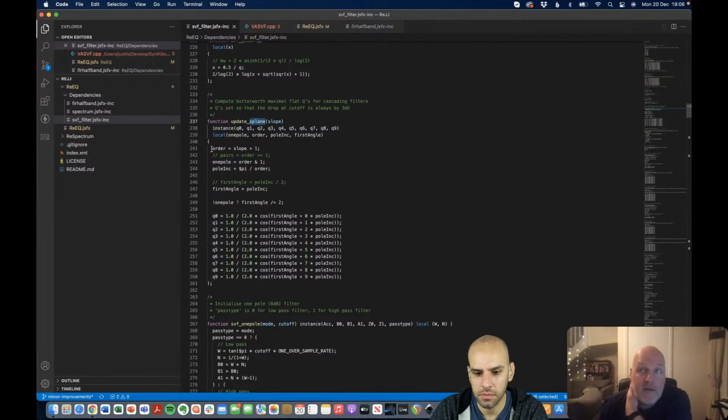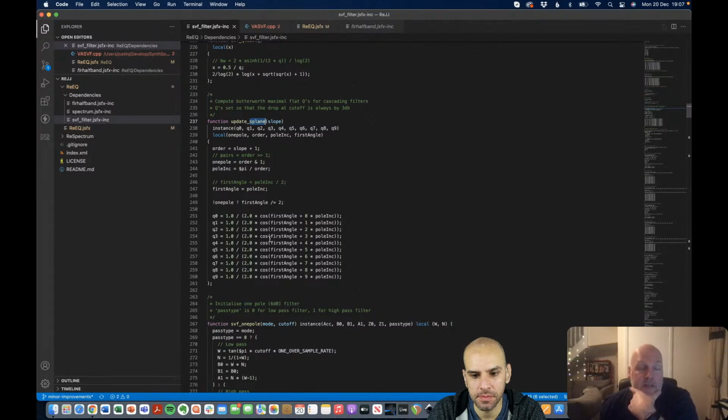He had a JavaScript thing embedded on his website which calculated Q values for Butterworth filters coming from 12 dB 2-pole filter slopes, and I literally just grabbed it, which is exactly what you see here in the code, as one does. And it worked perfectly.